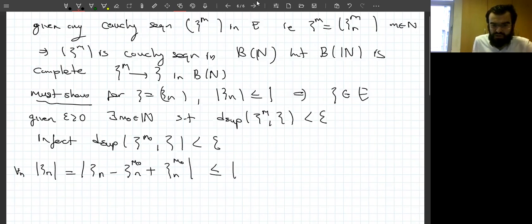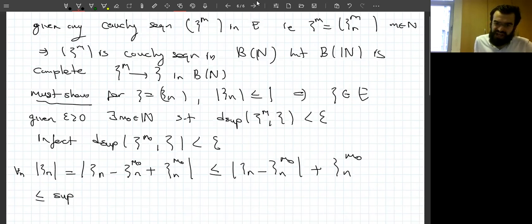This is less than or equal to the absolute value of psi_n minus psi_n^m0 plus the absolute value of psi_n^m0. This is less than the supremum over n from 1 to infinity of the absolute value of psi_n minus psi_n^m0.